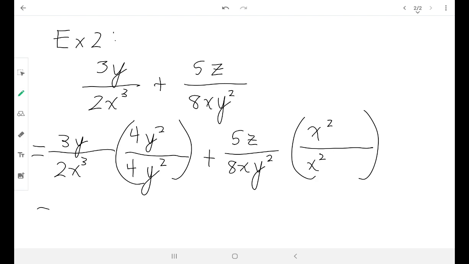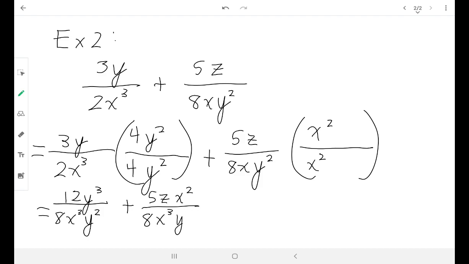So let's do all that multiplication. That'll be 12y to the third at the top, and 8x cubed y squared at the bottom, plus 5zx squared over 8x cubed y squared.